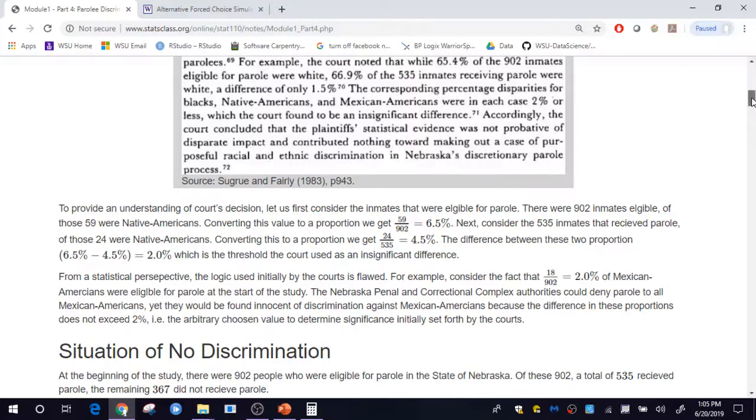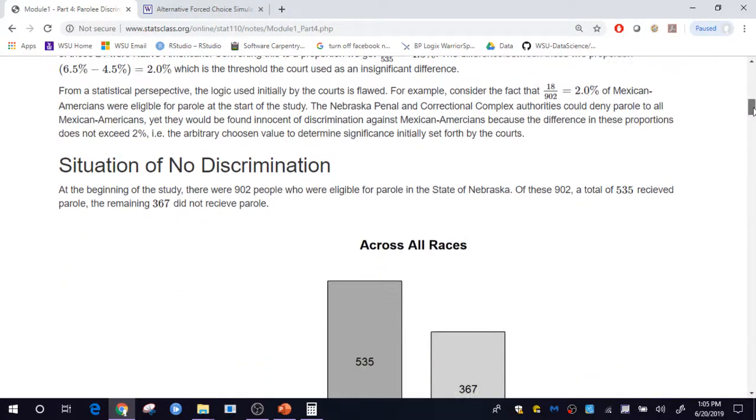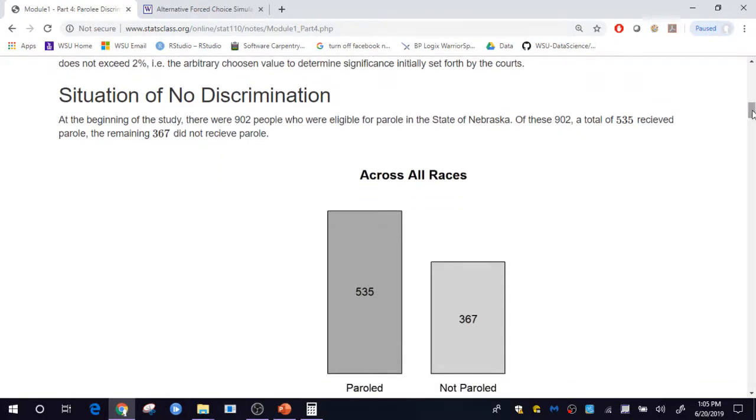So how would we approach this from a simulation-based approach? Or what would a statistical analysis look like, or a statistical evaluation? Well, we're going to set up a simulation model under a situation of no discrimination. So let us consider how many individuals received parole when race wasn't part of the equation.